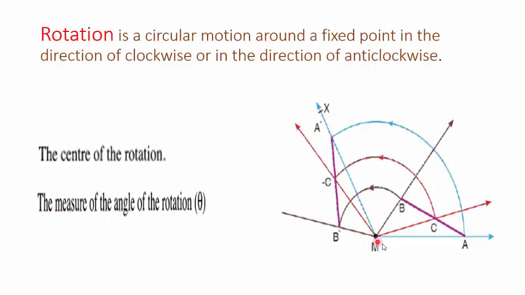We rotate by what angle? These blue rays, MA and MA dash: the angle of the rotation is this angle, from the first side to the side of the image. The red one is the angle from C to C dash.